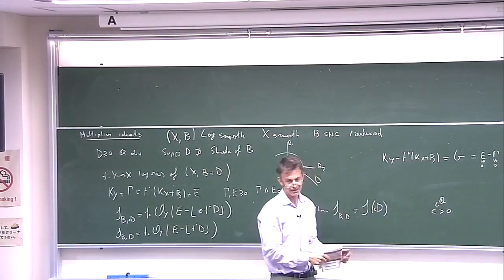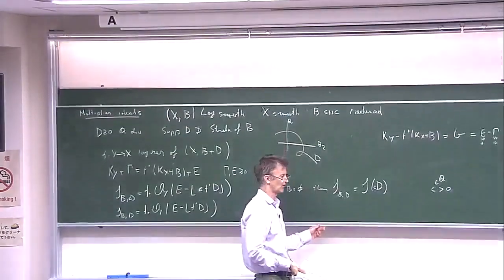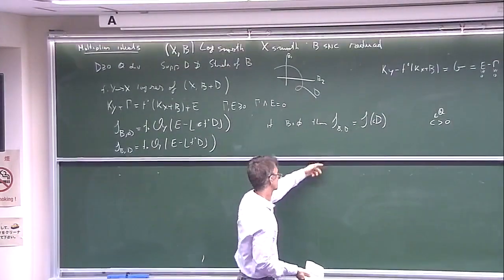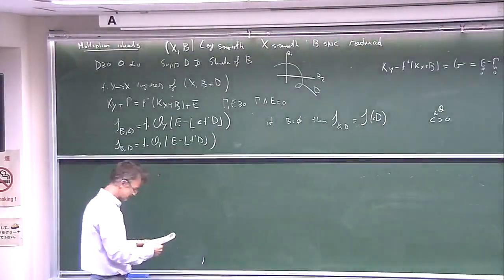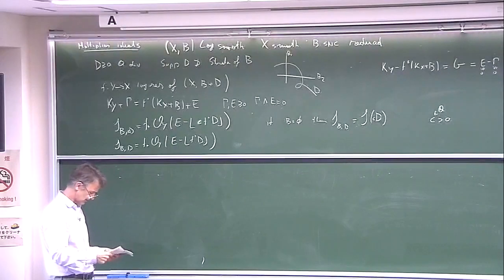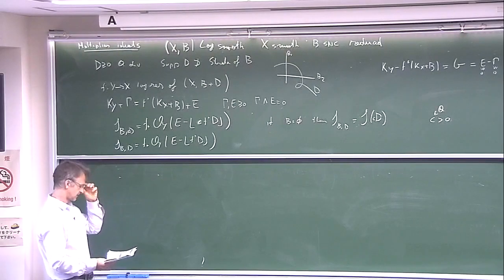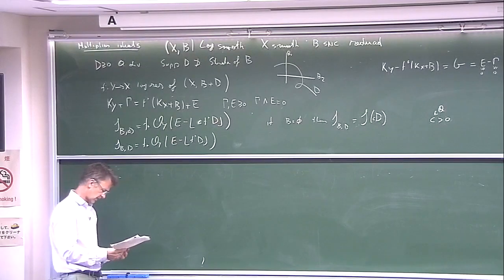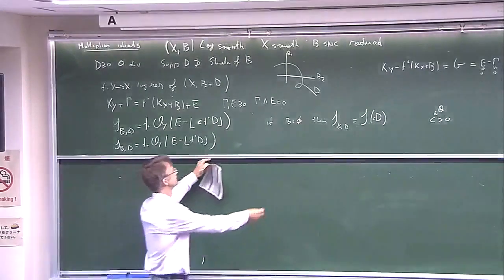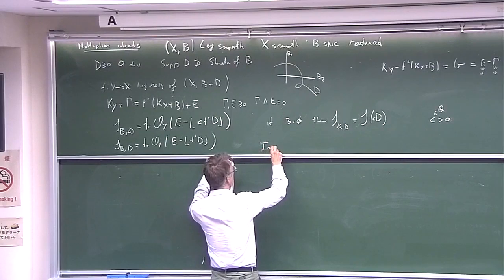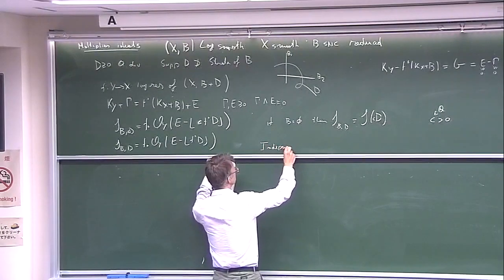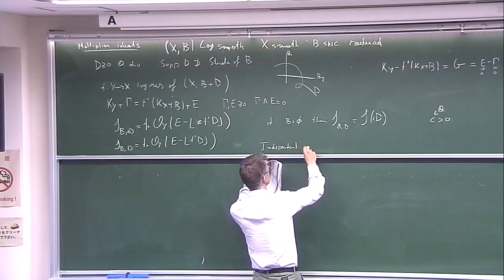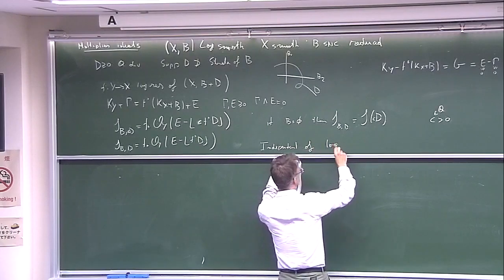That's all I'm saying, so in this case you're worrying about a tempest in a teacup. Now it turns out that this ideal does not depend on the log resolution. It's not hard to show, but it takes a few minutes.